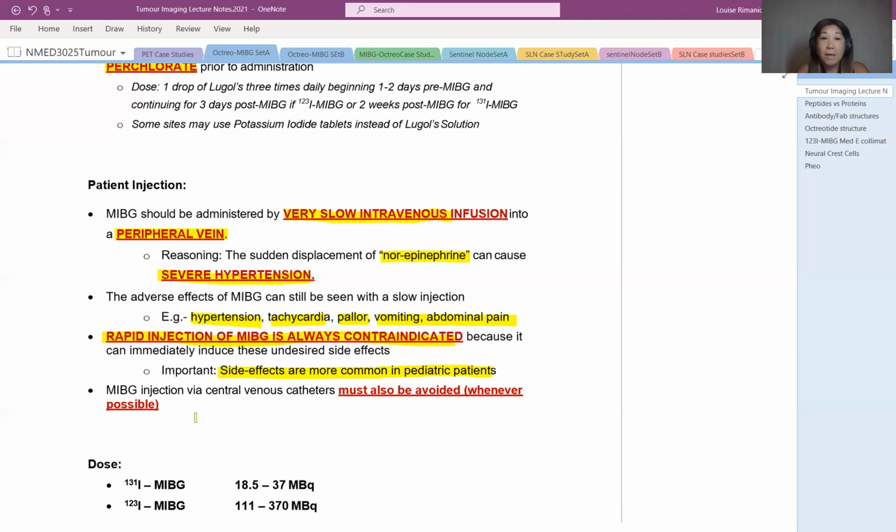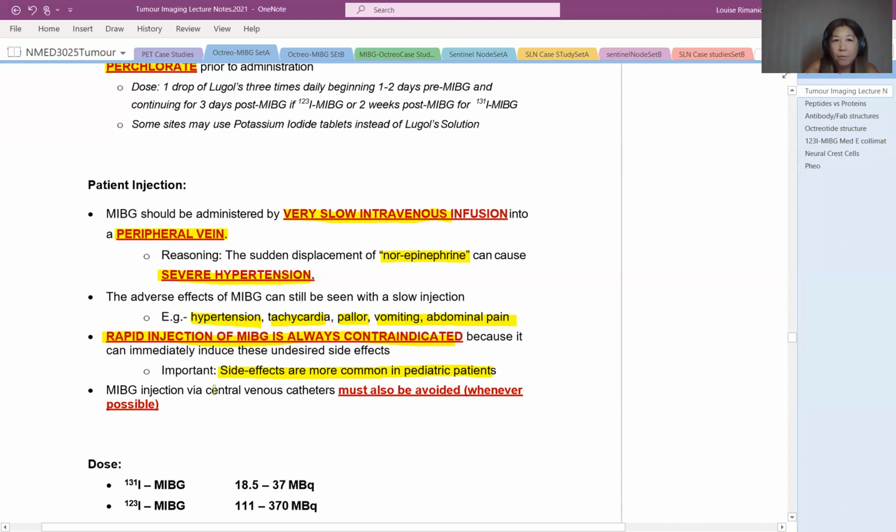And they didn't want to do this because the chemistry is a little touchy. And of course, the protocol is based on X milligrams of MIBG. And so we just have to be careful when we're injecting to know that they're getting a lot more MIBG per kilogram than in an adult.